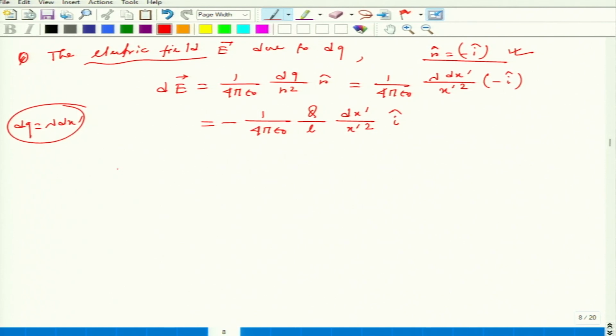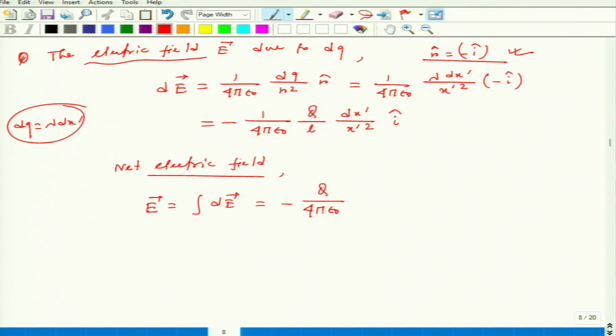So the net electric field is q over 4 pi epsilon naught L times the integral of dx prime over x prime square, then i cap.